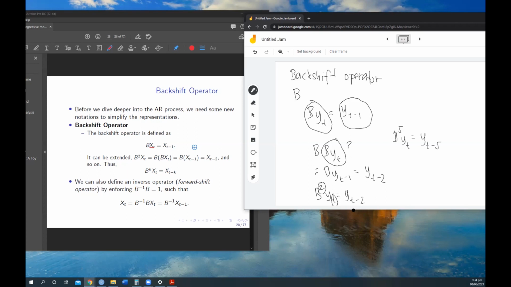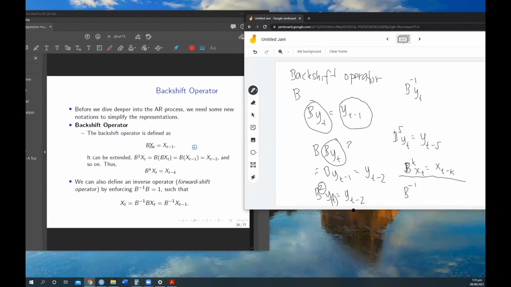All right? Or in general, B^k Xt is X t minus k. And there is also an inverse operator, which we call B inverse. So it just means that if you're going to apply this, suppose we're going to apply this.